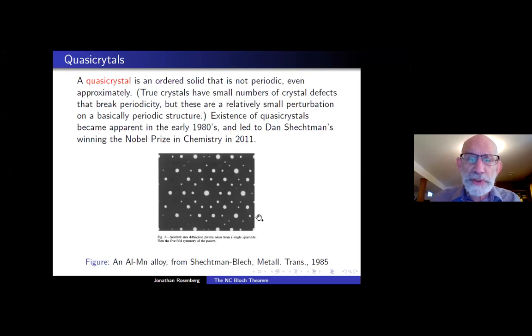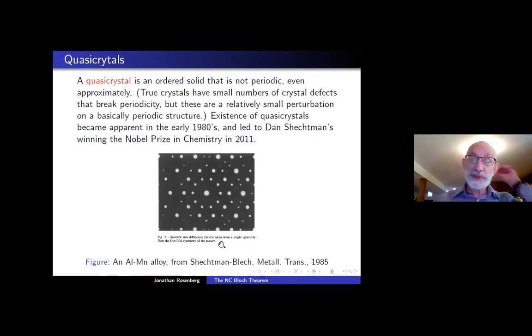And this is a picture taken from Schechtman and Blech's original paper in Metallurgical Transactions in 1985. So they took an X-ray diffraction pattern from an aluminum manganese alloy, and they saw this picture.